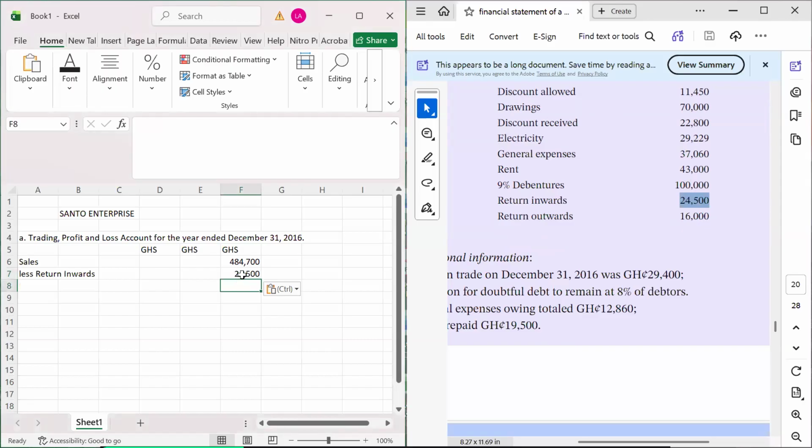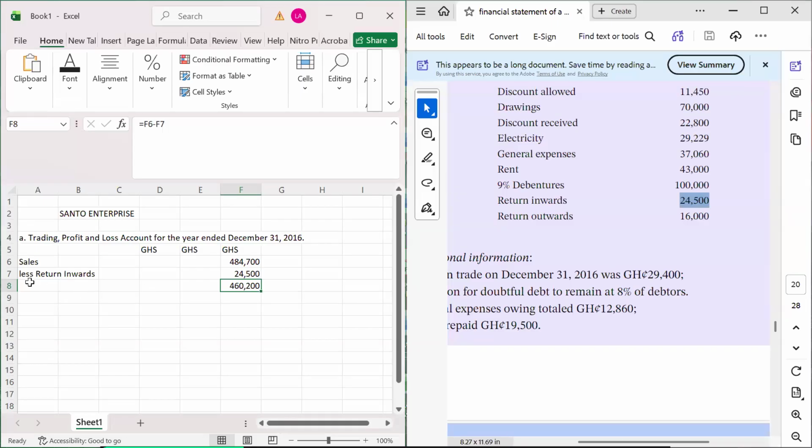And that will give you, you subtract the return inwards from the sales because you have made a sale and the person said the thing is not good for him, so he's bringing back what was not good for him.